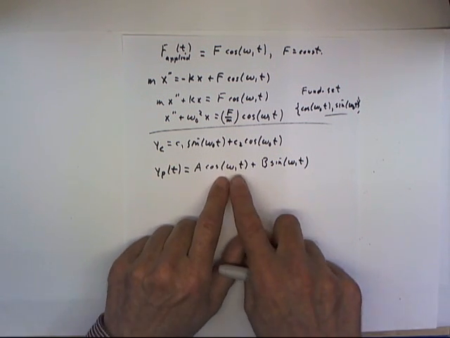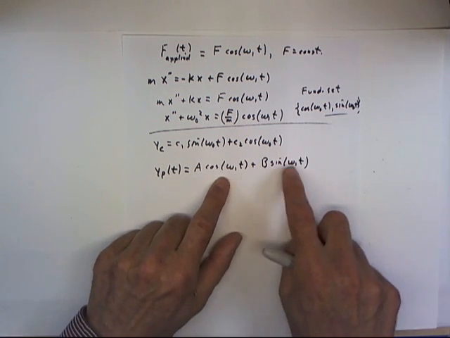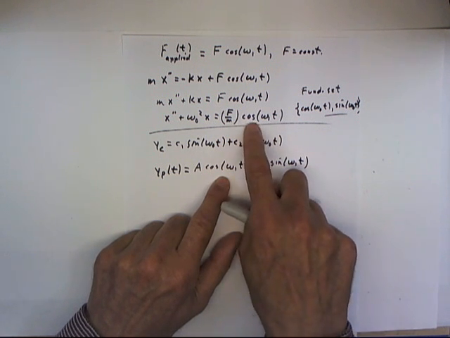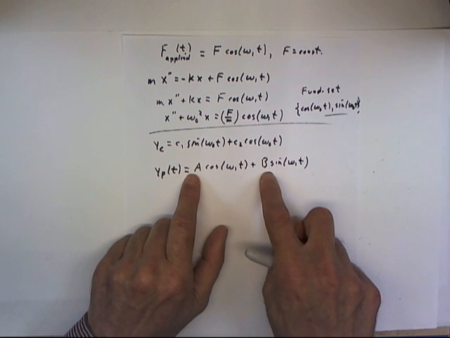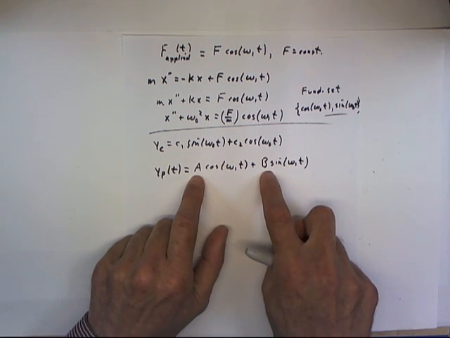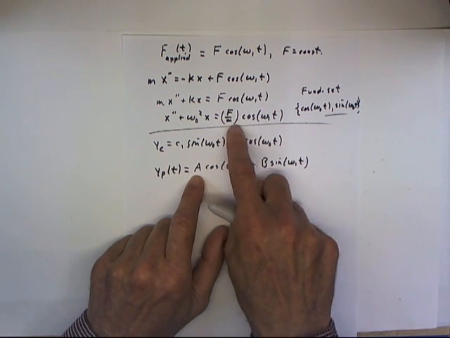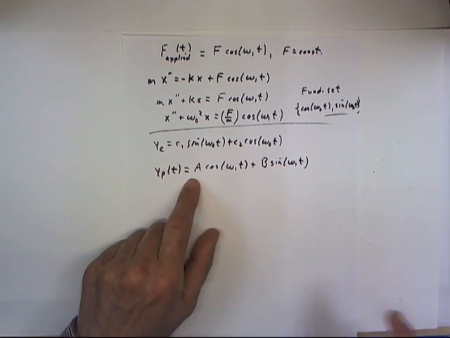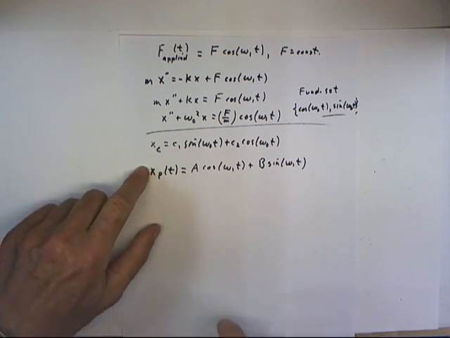Anyhow, you understand that the derivatives of this function are going to combine to give us sines and cosines of omega 1 t, and if we adjust our coefficients a and b, we could end up with the function F over m cosine omega 1 t when we run this function through the equation. Okay, I've made the correction.